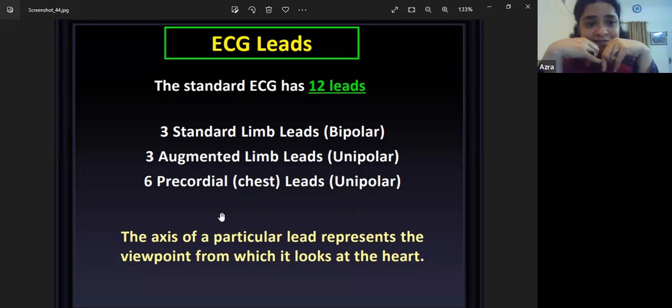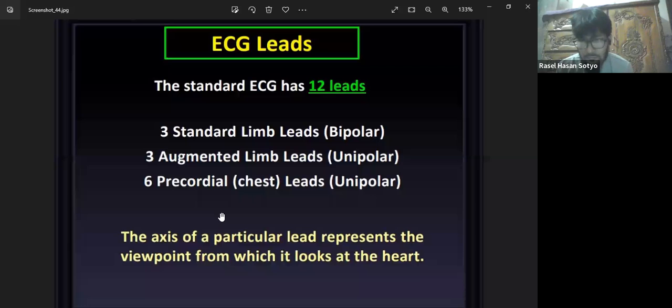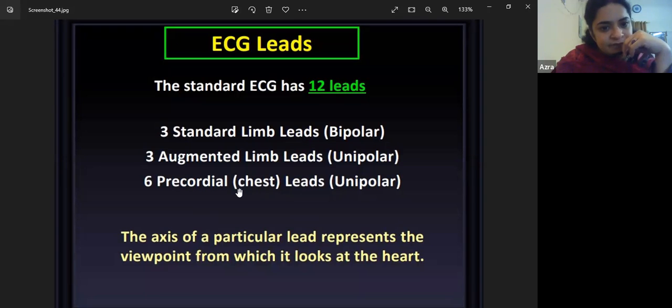What are precordial leads? Precordial leads are those leads which are attached to the chest. So it is 6, unipolar. The axis of a particular lead represents the viewpoint from which it looks at the heart.